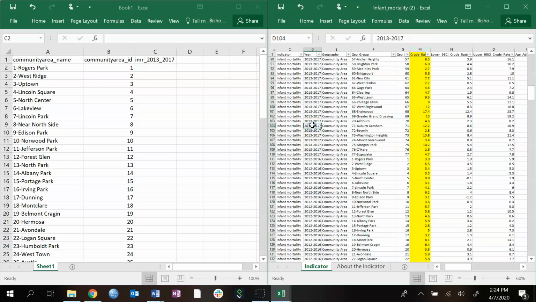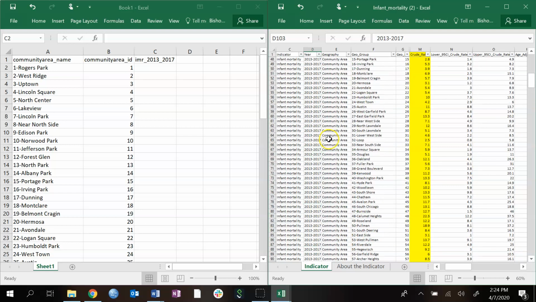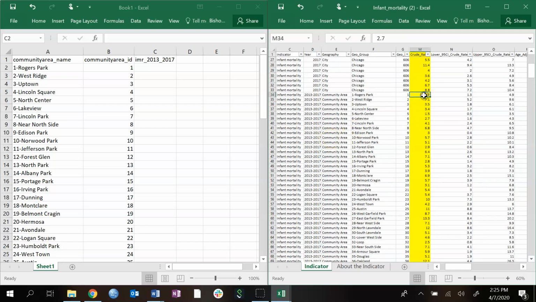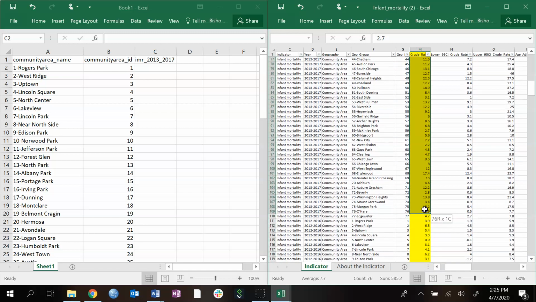And for 2013 to 2017, basically what I need to do is find the beginning of this data. Okay, so it's going to be 2013, 2017, Rogers Park. Let's start with the first cell and then just click on it and drag it down to 77, which is Edgewater. Okay, so that is the infant mortality rates for community areas from 2013 to 2017.